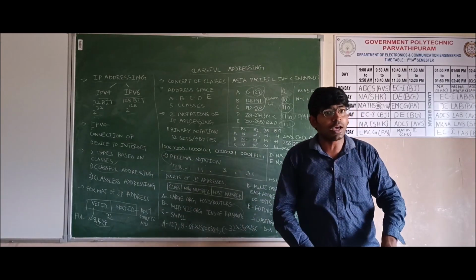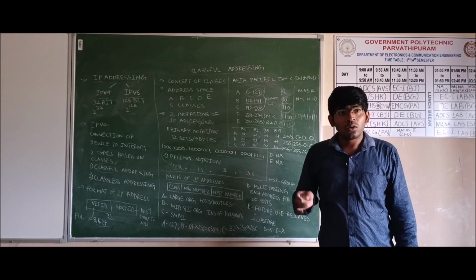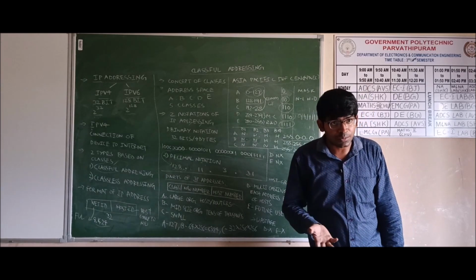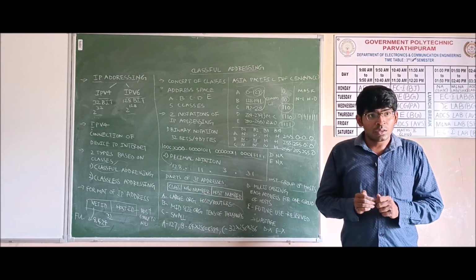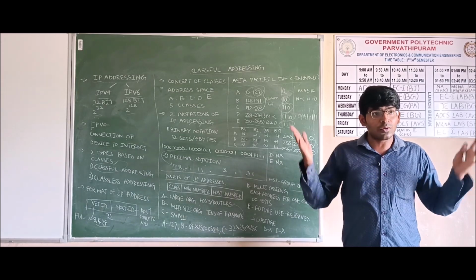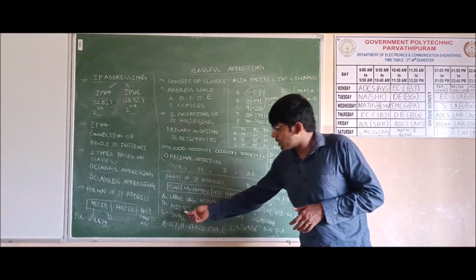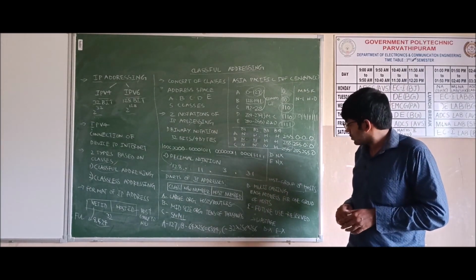That many networks we have, but our hosts are only 256. When we have a small number of devices but more networks, for small organizations we go for class C.